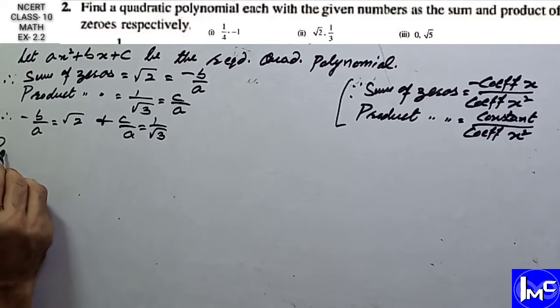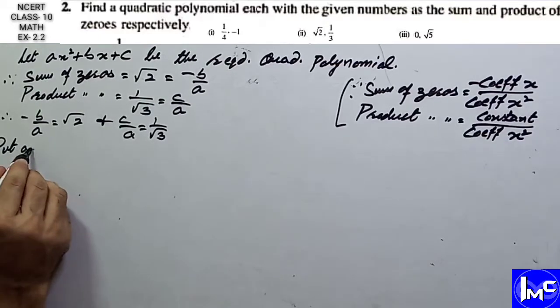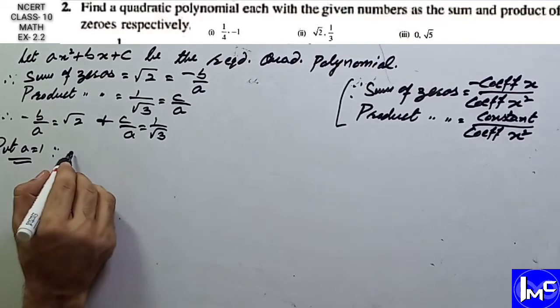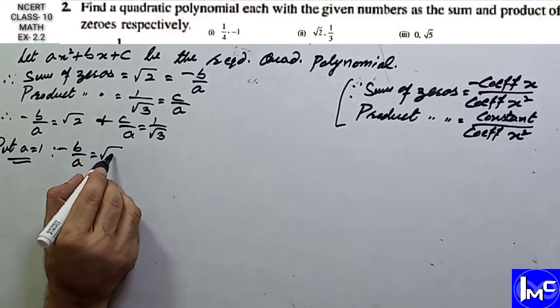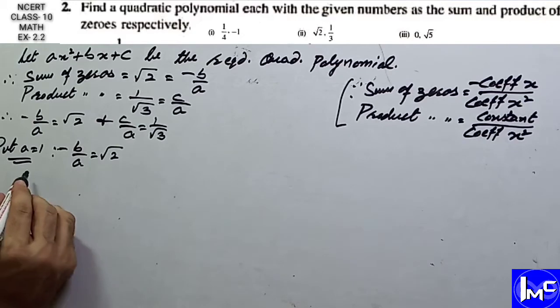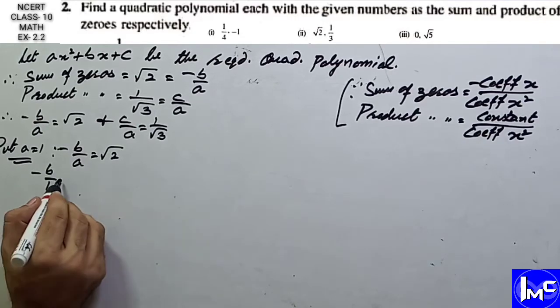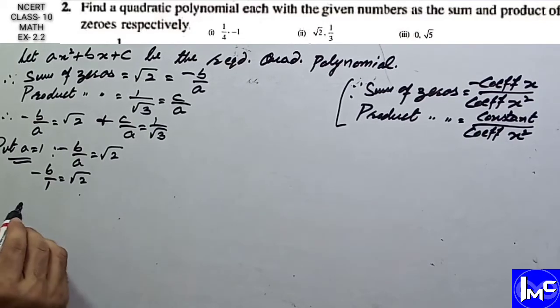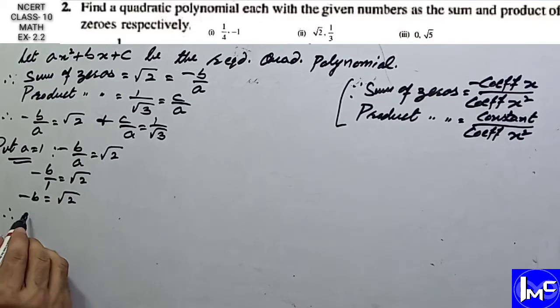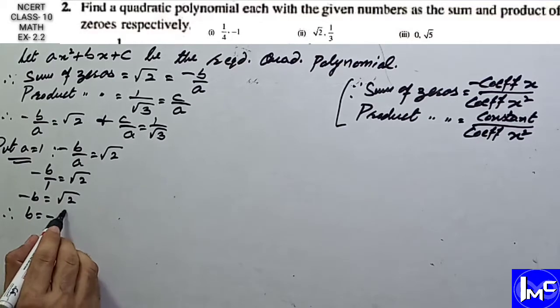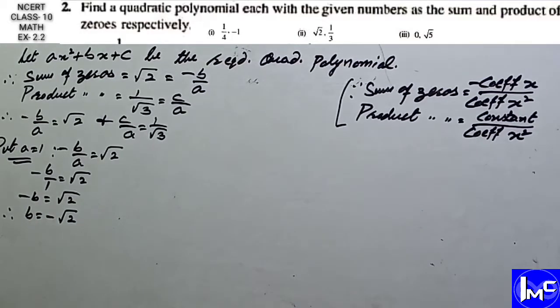Again, by putting a is equal to 1, you will get minus b over 1 is equal to under root 2, minus b is equal to under root 2, and therefore b is equal to minus under root 2.